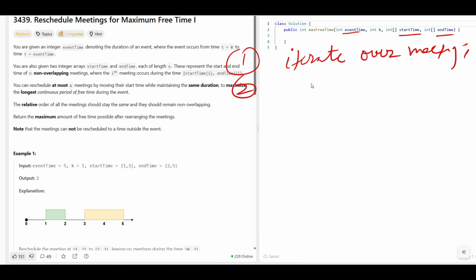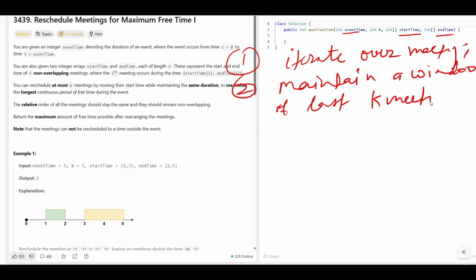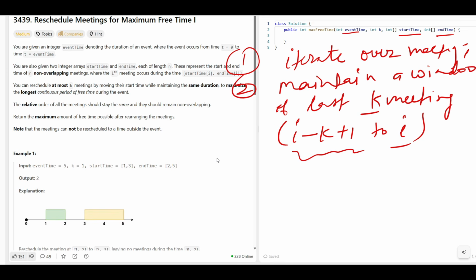Then we maintain a window of the last k meetings, that will start from i minus k plus 1 to i. We'll discuss this later. So we maintain a window of the last k meetings, from i minus k plus 1 to i.